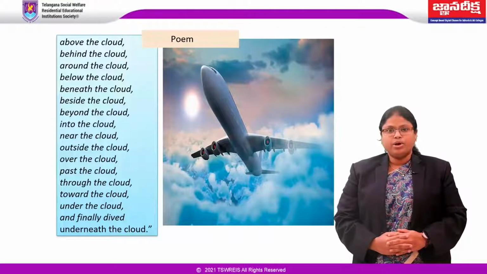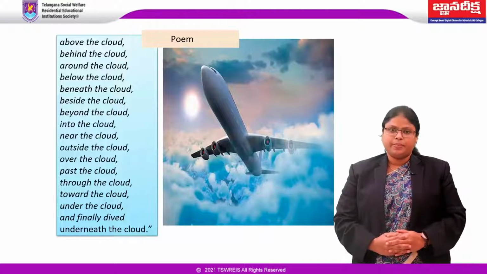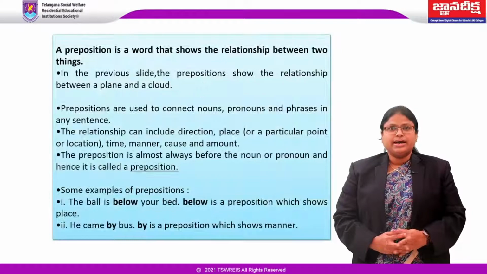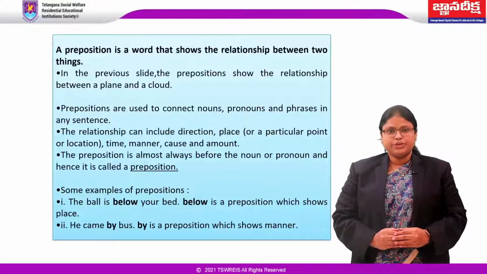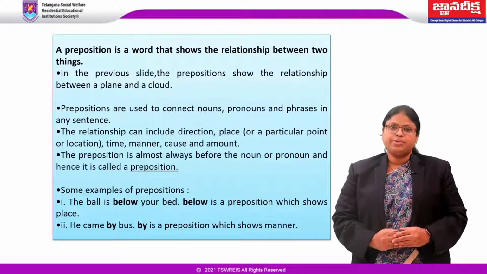Now let us look at what exactly prepositions are. A preposition is a word that shows the relationship between two things. In the poem that we just read, the prepositions like above, below, outside, into, under, etc. show the relationship between a plane and a cloud.